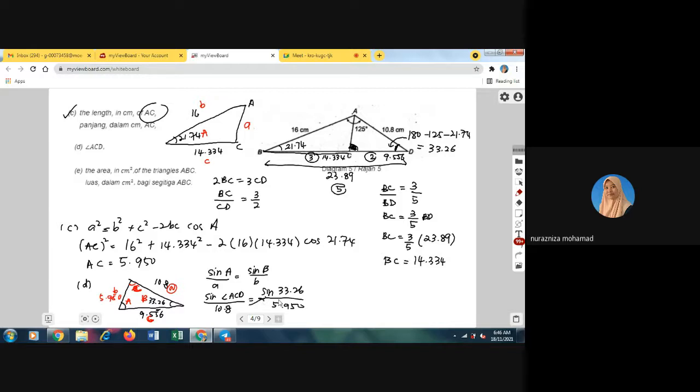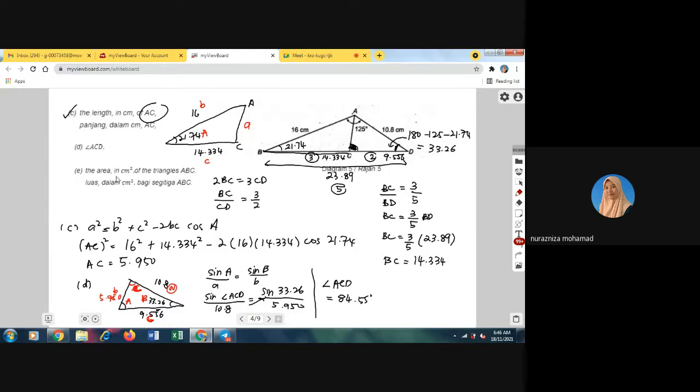Then you cross multiply and press shift sine: sine 33.26 divided by 5.95 multiplied by 10.8, shift sine. So angle ACD is 84.55 degrees.